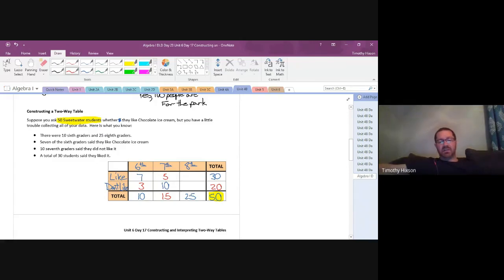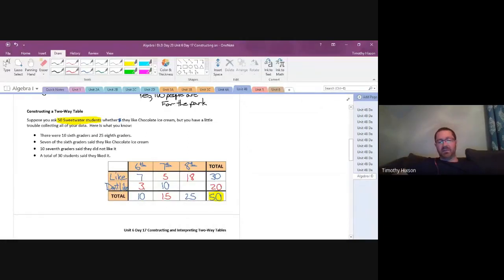Now we can work our way across. We can't just do the same thing here because we don't know either of these. But if we look along the row, we knew that 30 students liked chocolate ice cream. So 7 plus 5 plus whatever this is has to add up to 30. 7 and 5 is 12, and if I subtract that from 30, that means there are 18 eighth graders who like chocolate ice cream.